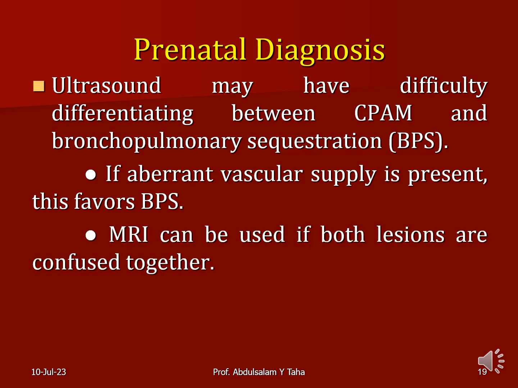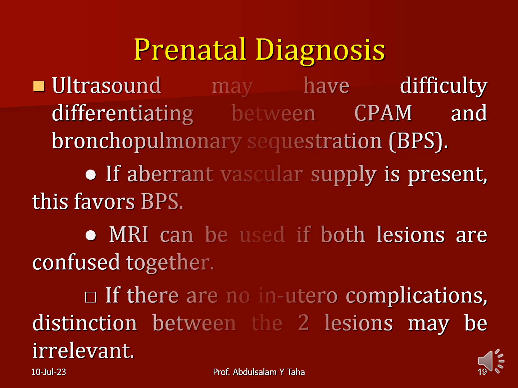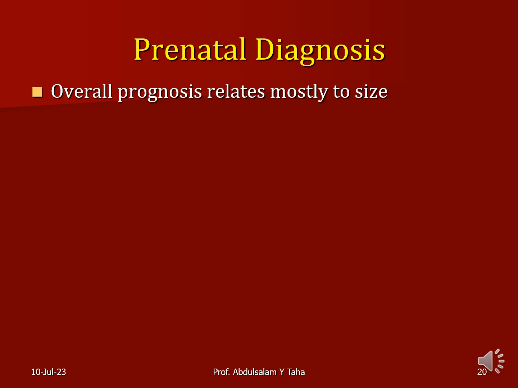MRI can be used if both lesions are confused together. If there are no in utero complications, the distinction between the two lesions may actually be irrelevant. The overall prognosis is related mostly to the size of CPAM.